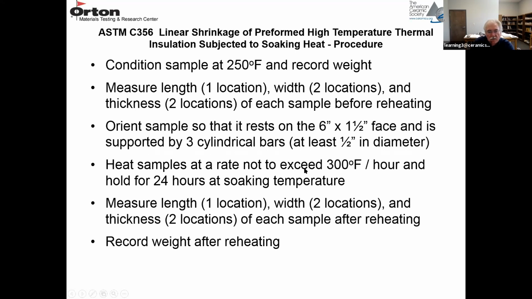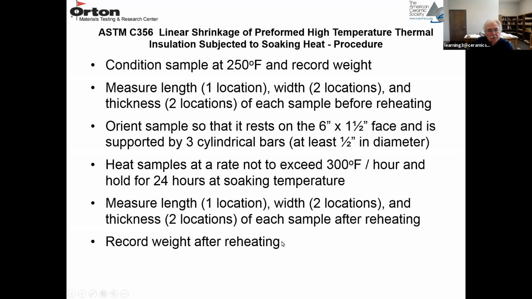You heat the samples not to exceed 300 F per hour, and you hold them for 24 hours at a soaking temperature. Then you measure the length, width, and thickness of each sample after reheating at the same locations, 1 length, 2 widths, and 2 thicknesses, and reweigh them.